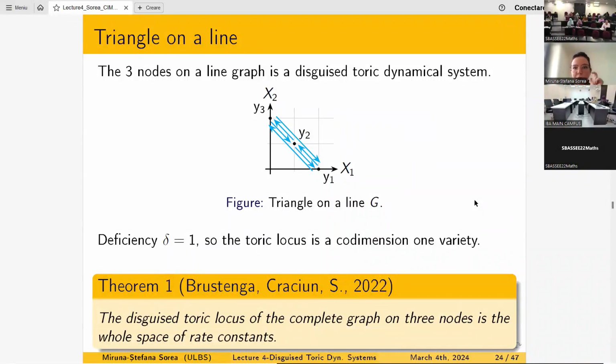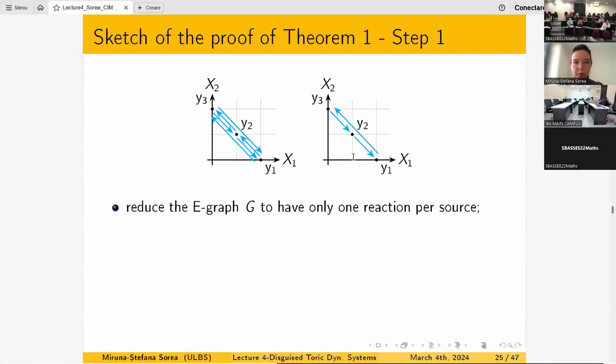So from codimension 1 toric locus to the whole space, the positive orthant: there are 6 k_ij, 6 parameters, so R^6 positive. This is the disguised toric locus.